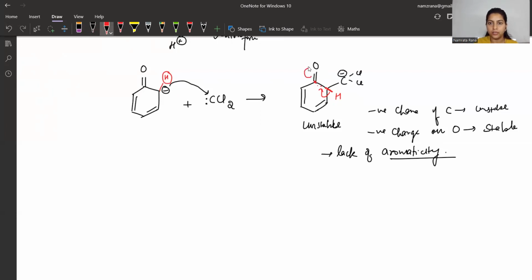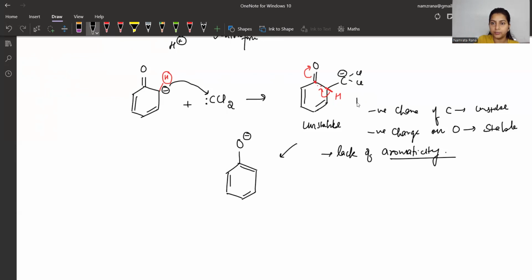So this has to be shifted towards the oxygen, forming a species like this. Again, you already had this double bond. Now a double bond is here also, and oxygen single bond with a negative charge.